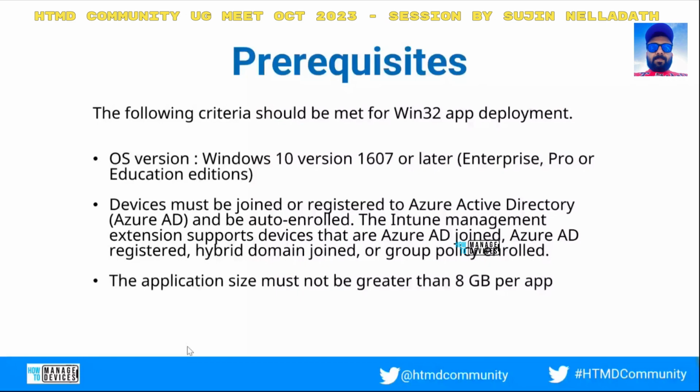So what I mean to say is, an on-premises device which is not part of Azure or Intune, which is not enrolled, obviously makes sense, right? When you create a package and try to do your testing, it will not work. The reason is it is not supported, it is not meeting the prerequisites. And the very important and last point: the application size must not be greater than 8 GB, right?